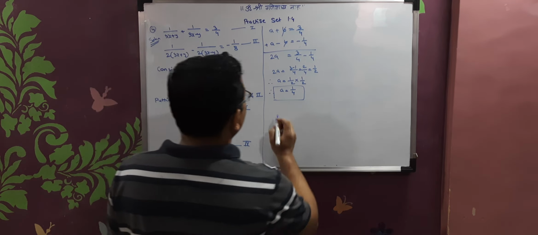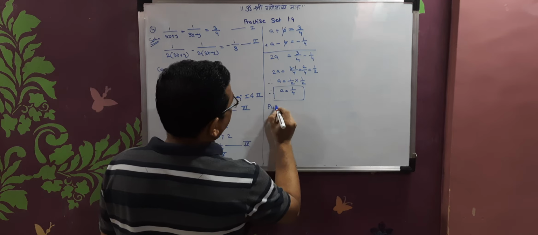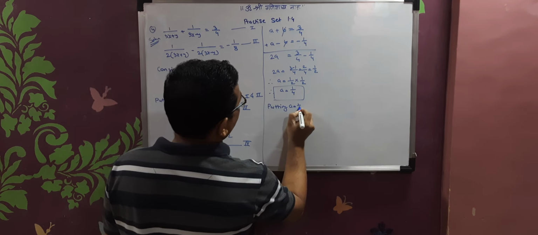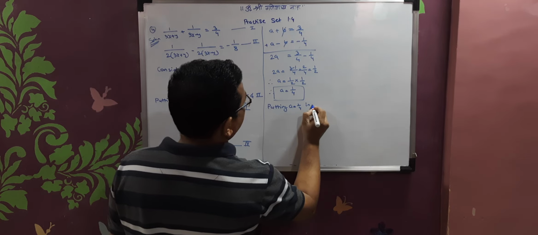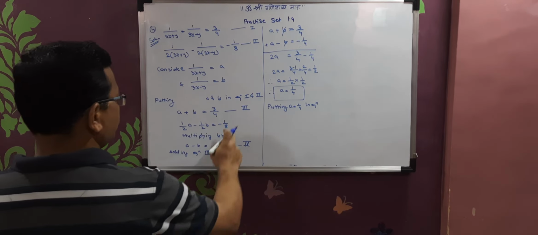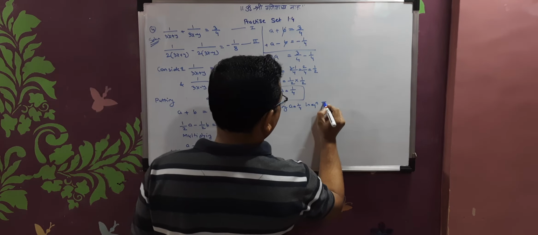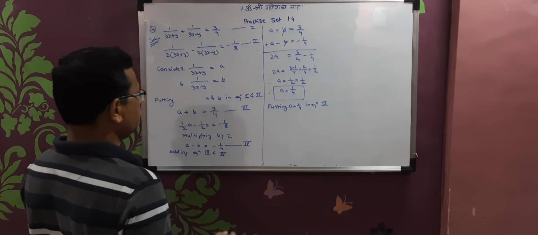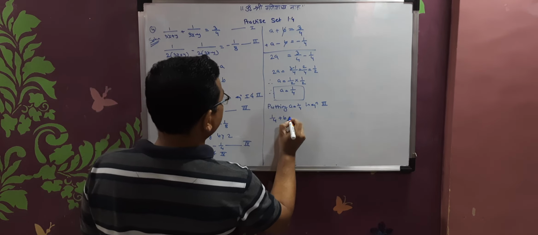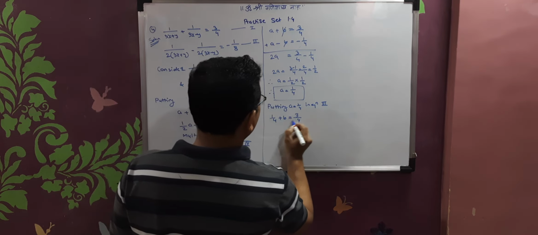So what we will do? Putting A is equal to 1 by 4 in equation, say this equation 3. So this is 1 by 4 plus B is equal to 3 by 4.